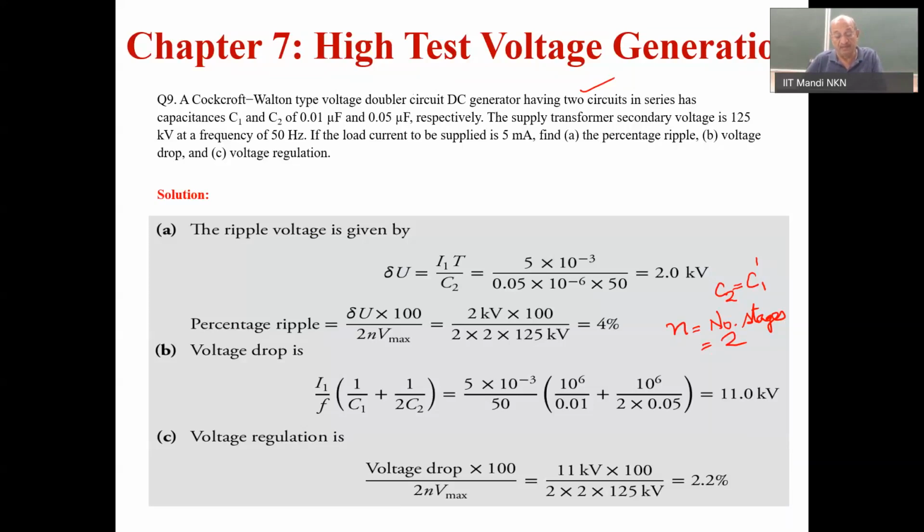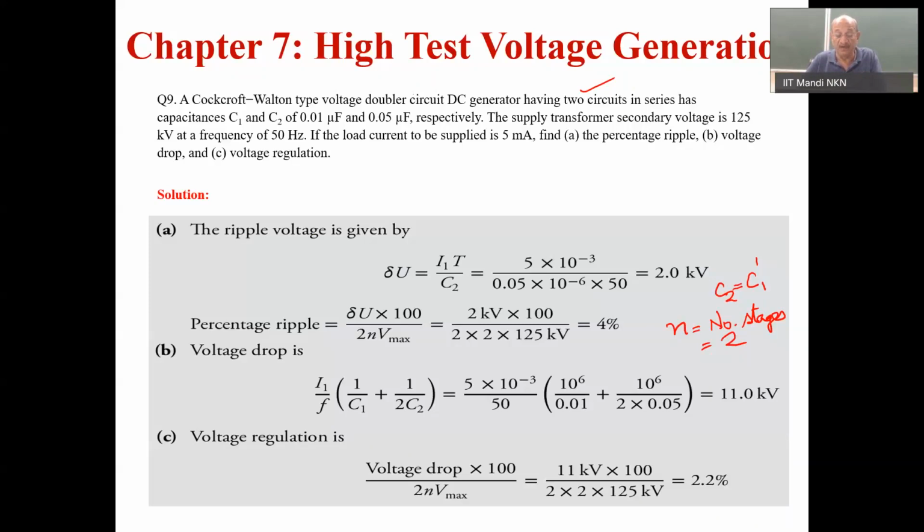Mind you, this is a two-stage generator, and each stage will have identical capacitances, C1 as well as C2, where C2 as we have learned is C1 prime. So together the voltage drop across the capacitor would work out as follows.